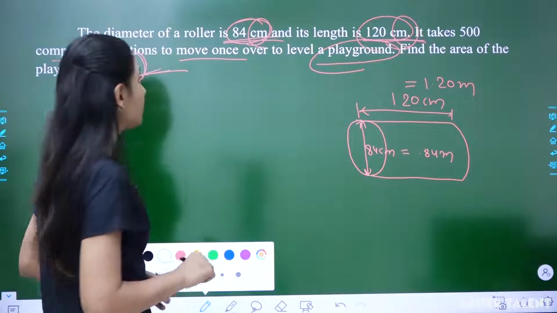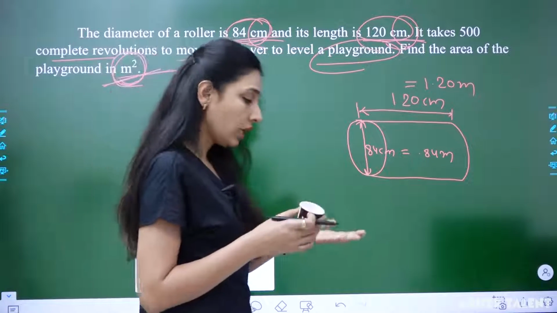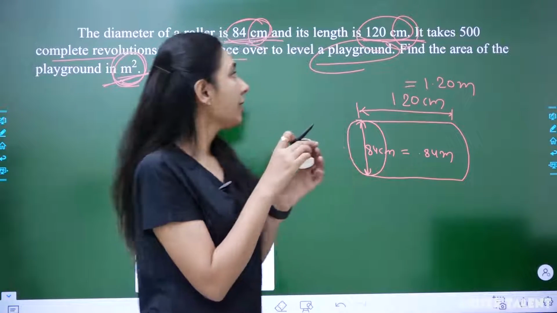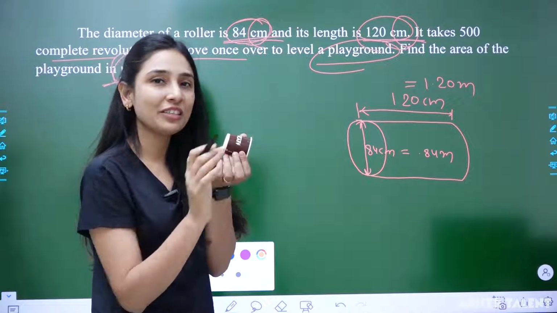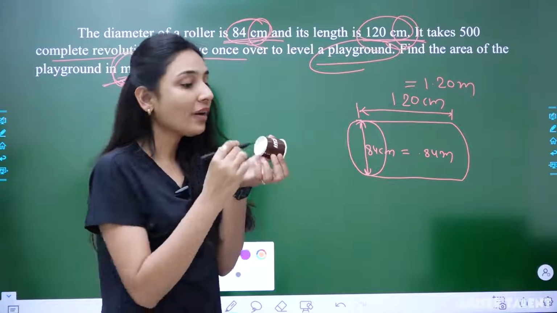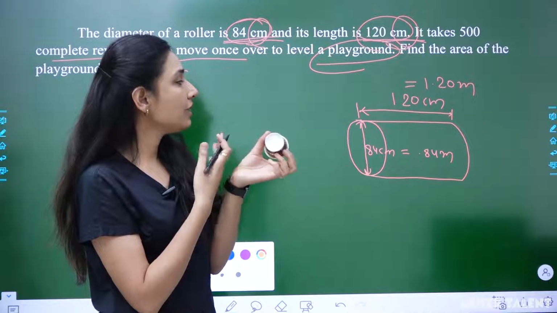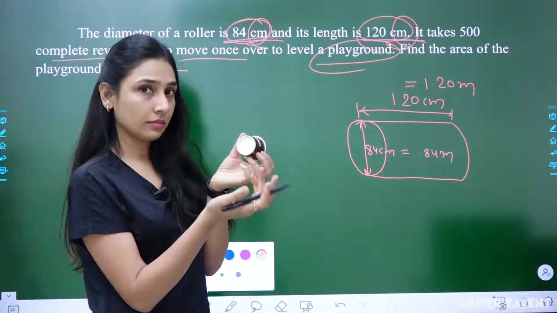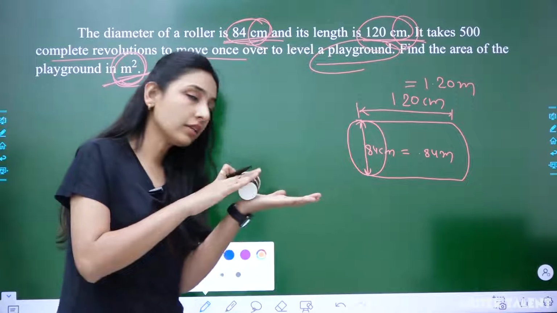Now we have to find out the area of the playground. This was the roller, having this length equal to 120 centimeter. It's not 120 centimeter, but you just have to assume that. And this diameter is 84 centimeters, so 0.84 meters. Now it is rolling over a ground.